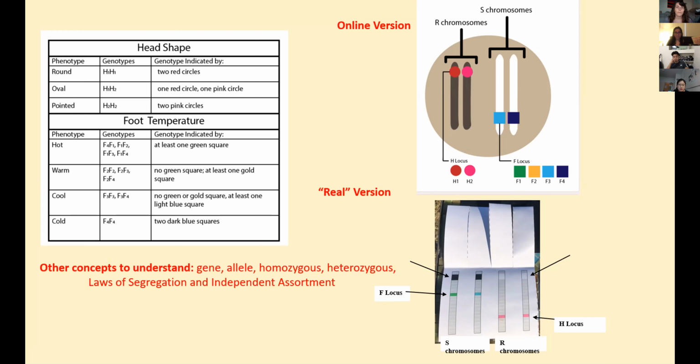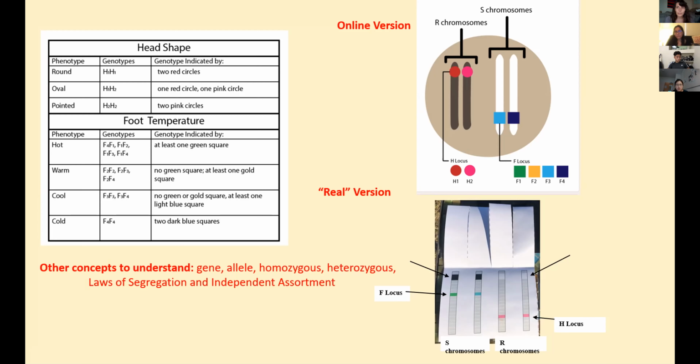And so now we'll go back down to the foot temperature one. Sorry, I've written different things on this than I'm supposed to, but it's okay. So the ones with the red are the head color, the ones with the blue or green or yellow are the foot temperature.